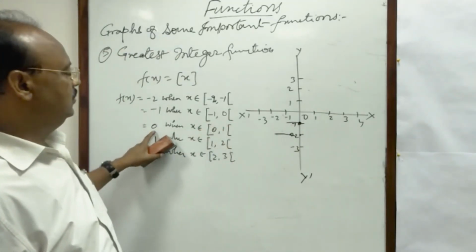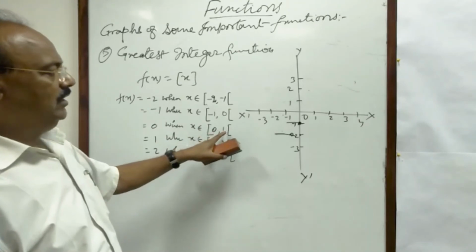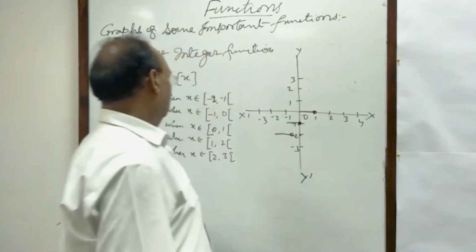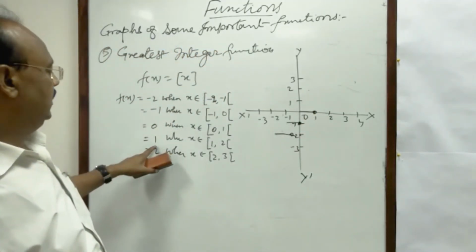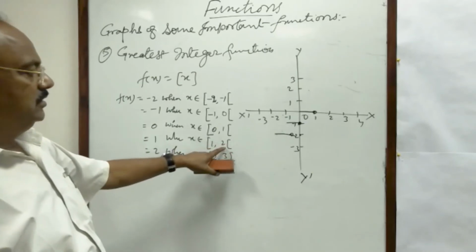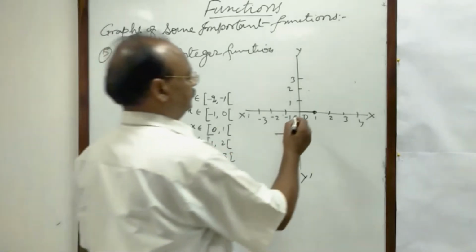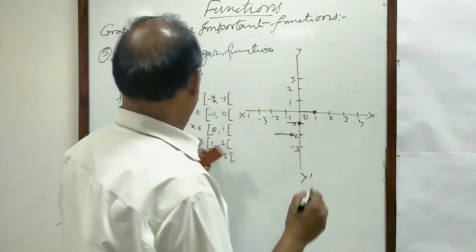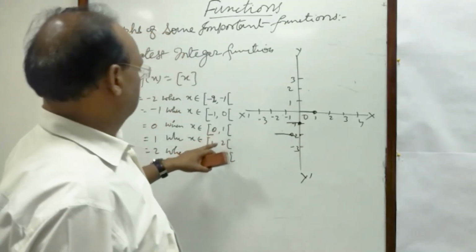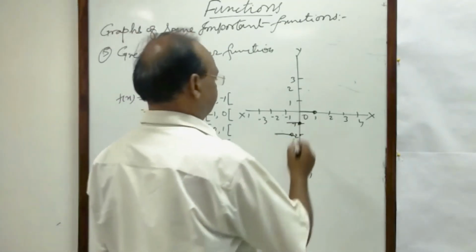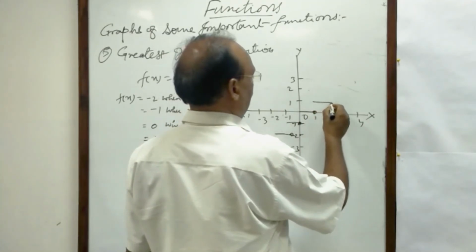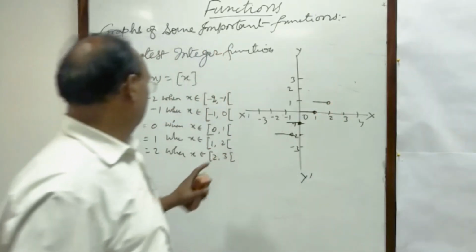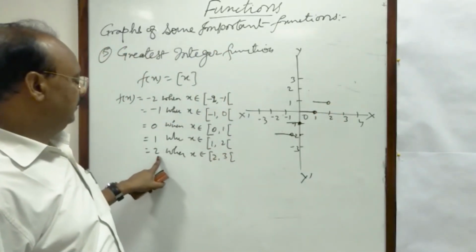Then the value of f(x) is 0 when x lies between 0 and 1. This 1 is open, so this line. Similarly, the value of f(x) is 1 when x lies between 1 to 2. This side, 2, is open. And when the value of x is 2, f(x) is 2.